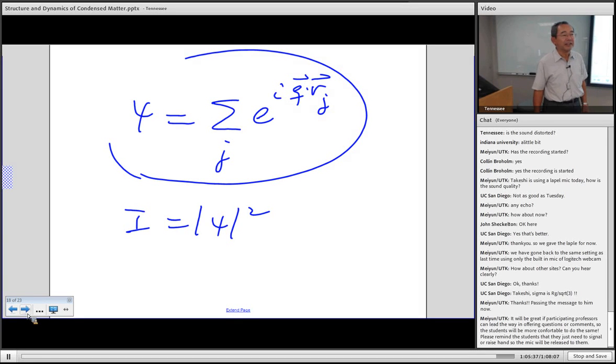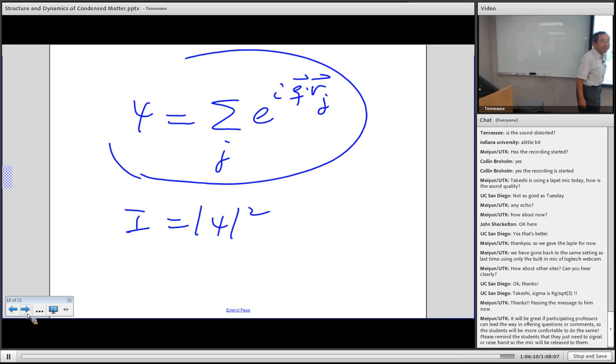Why not? This is like quantum mechanics. In quantum mechanics, you can never measure the wave function, right? You can only measure probability, which is a square. The same here. That's a wave function, and you cannot measure that.